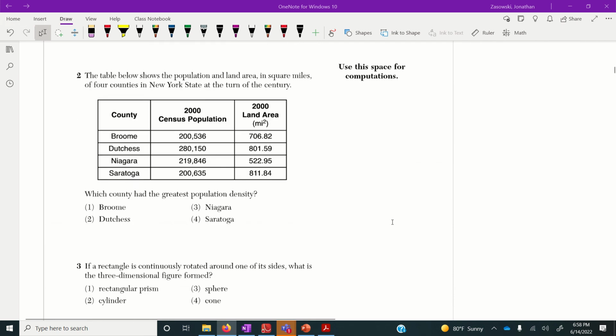Number 2, using the table below, which country has the greatest population density? Remember, that's population divided by the area is going to give you your population density. And then you're just picking the correct number here.